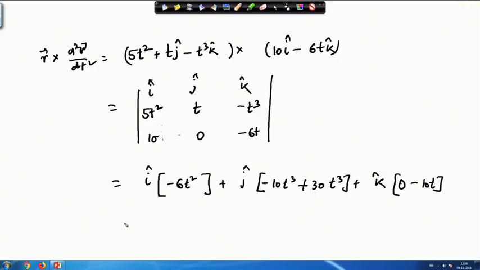Ultimately we obtain minus 6t² i, minus 20t³ j, minus 10t k.